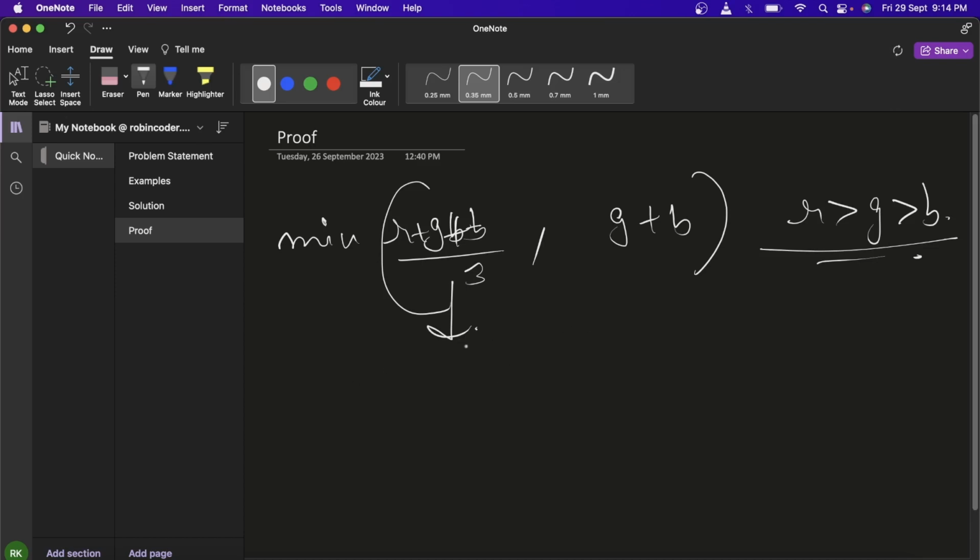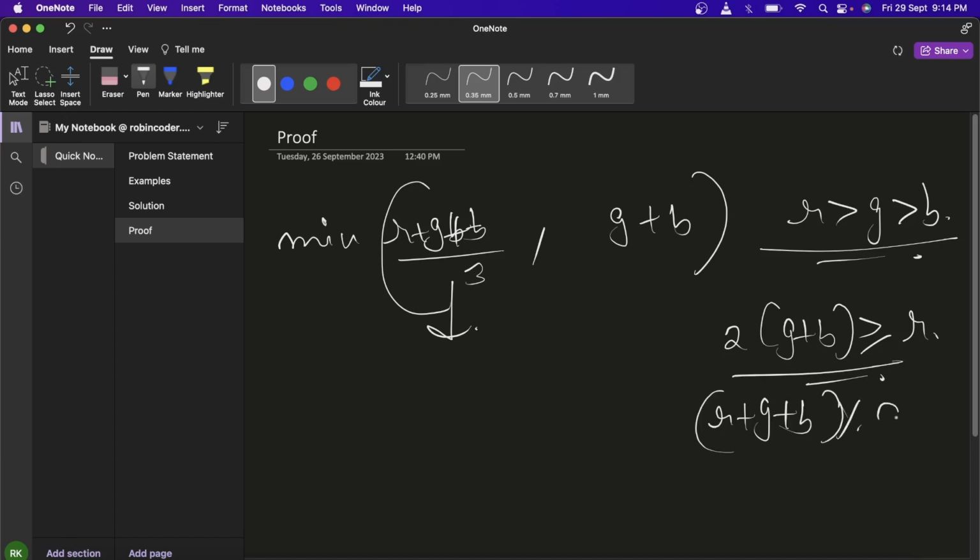It was just my intuition that whenever 2 times (G plus B) is greater than or equal to R, then in this case we can always match the most balloons and get the maximum, leaving the remainder of (R plus G plus B) mod 3. Yeah. So how can we prove this now?